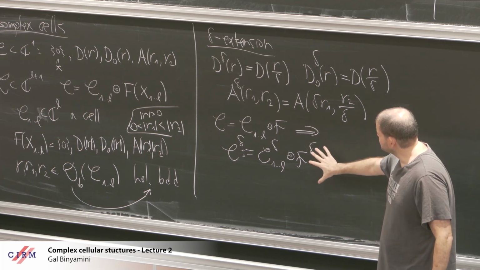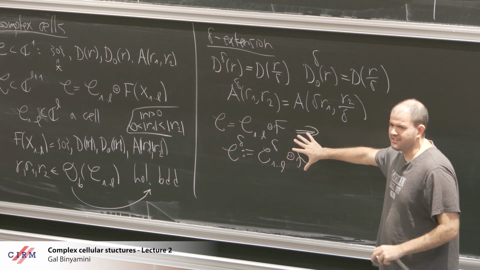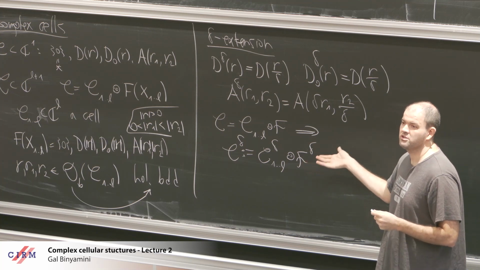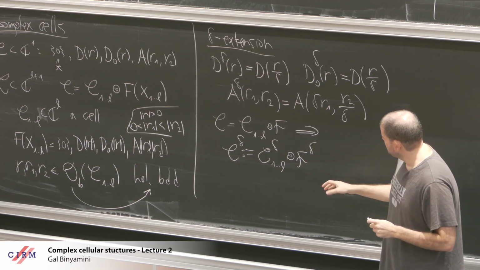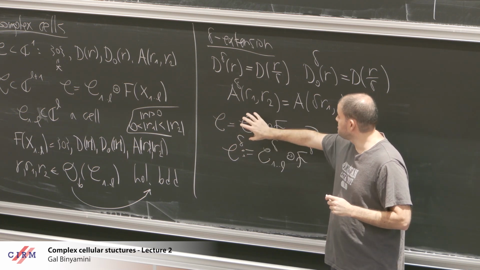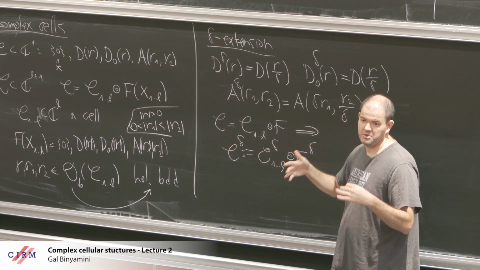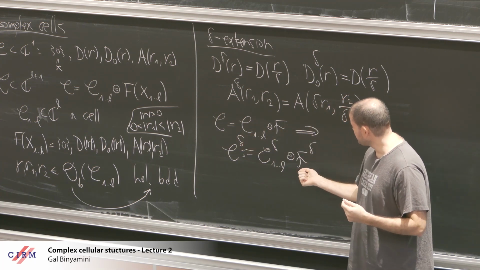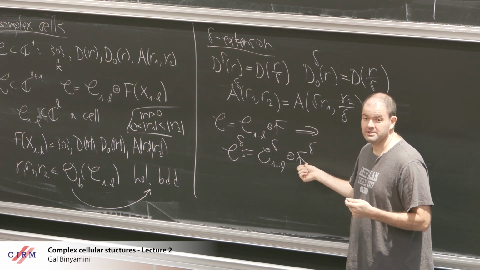But you should notice that this definition encapsulates a restriction; you cannot always do it. For a cell to have a delta extension, the base should have a delta extension, which I claim is non-trivial, but we will see why in the next part. But the fiber should also have a delta extension.